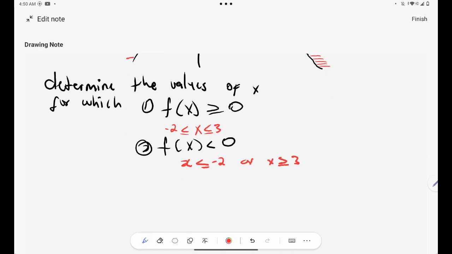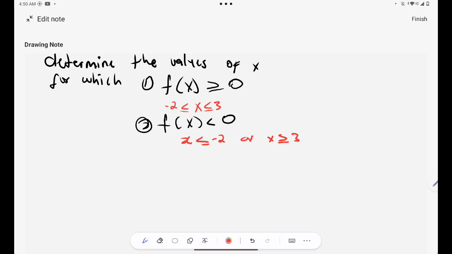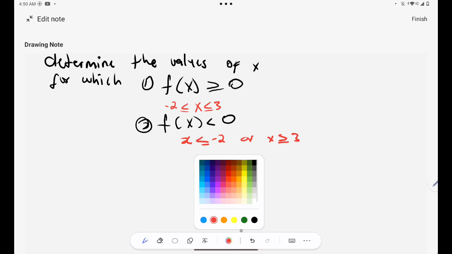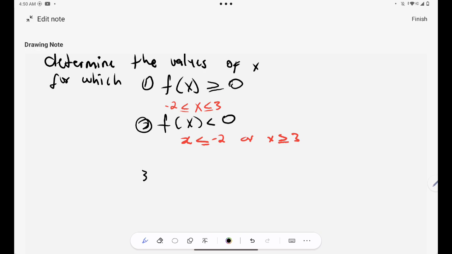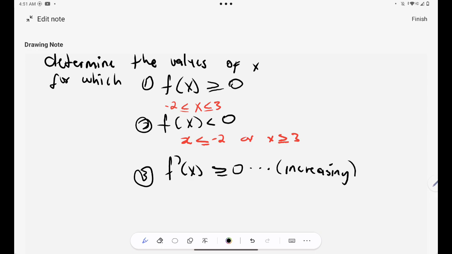These ones are mostly simpler. And then sometimes we are asked something like this: for which values of x is f prime of x greater than 0. You don't have to think this thing is difficult, ne? Whenever they say this, they simply mean for which values of x is your graph increasing.